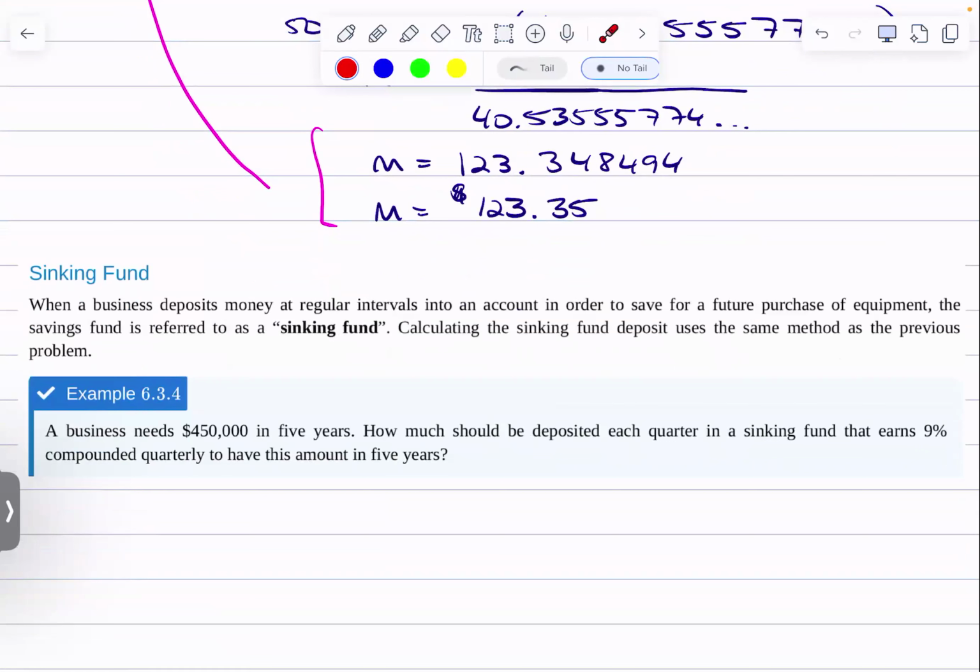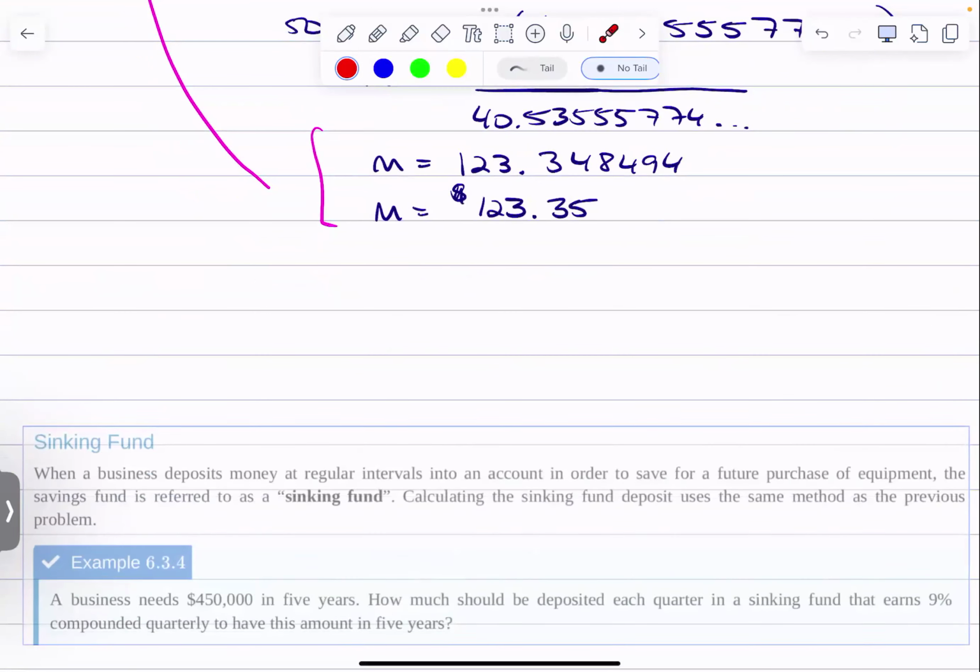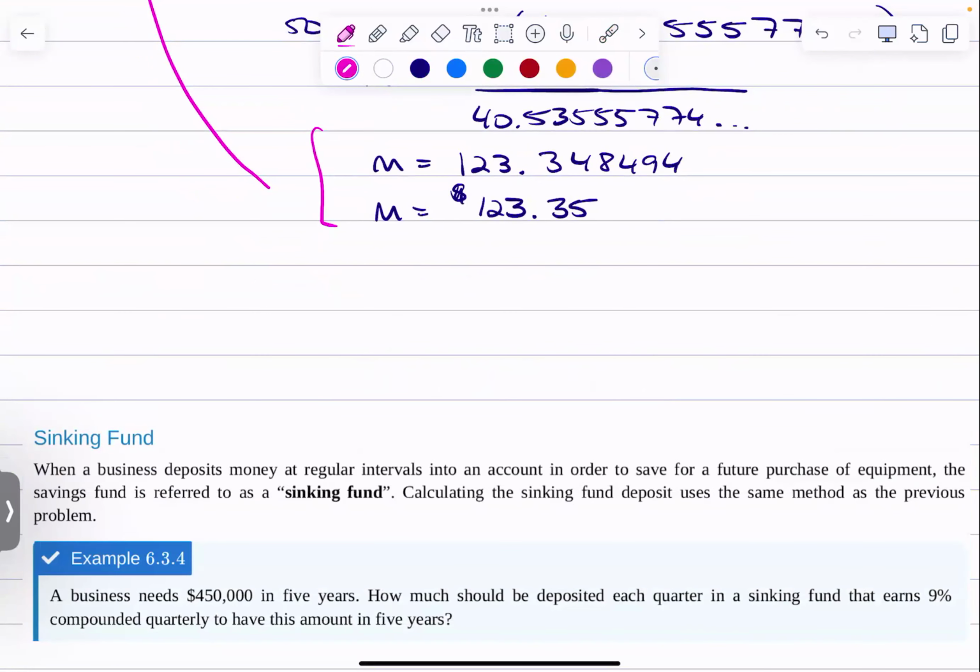Okay. You know what? I did write that a bunch on the test, so I'm just going to make a note of the rounding here. And so here, or maybe I'll use a different color.